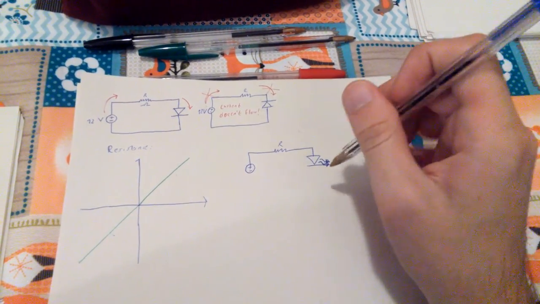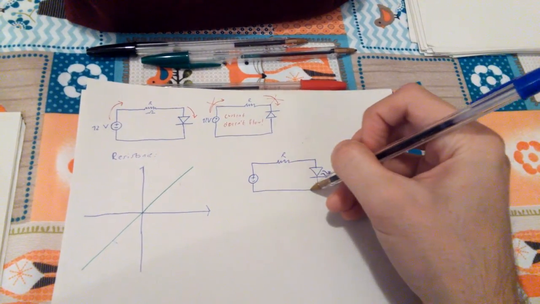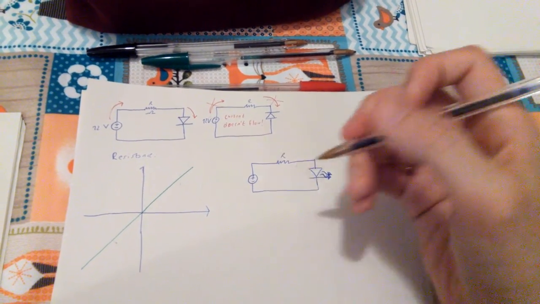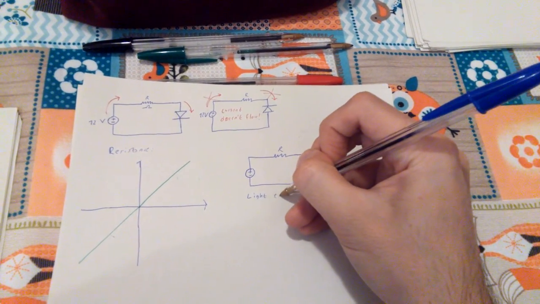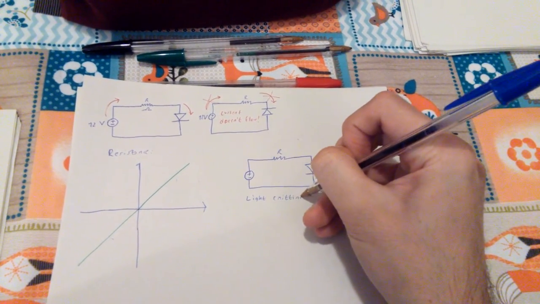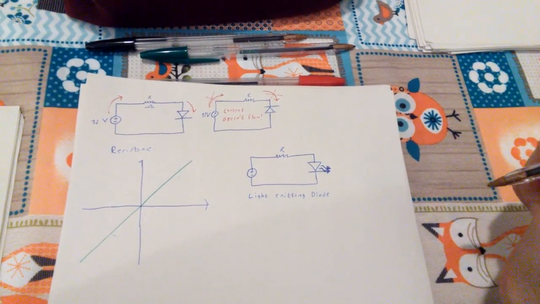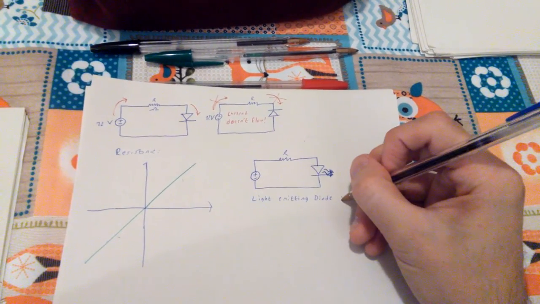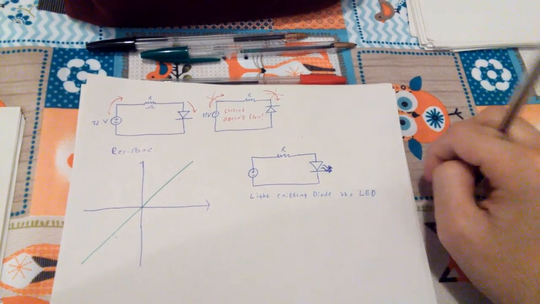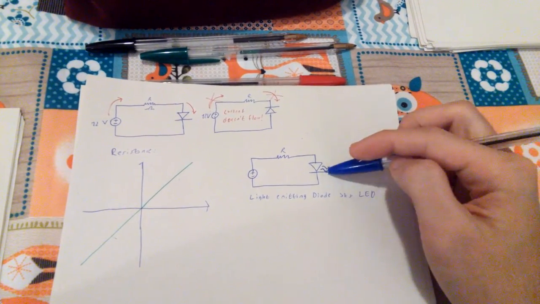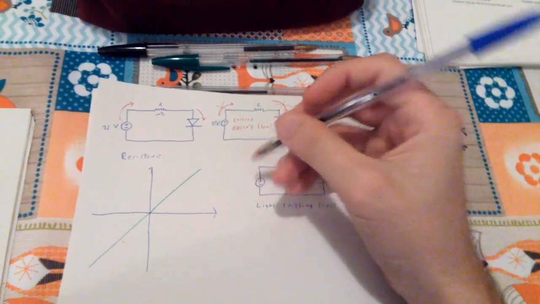But anyway, if you see this, it's not just a diode. It is a light emitting diode, so basically an LED. This just stands for light emitting diode, and this is a perfectly valid circuit.